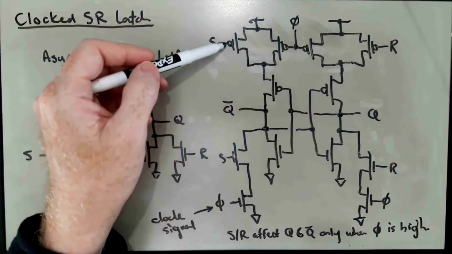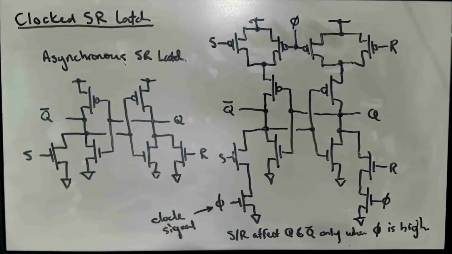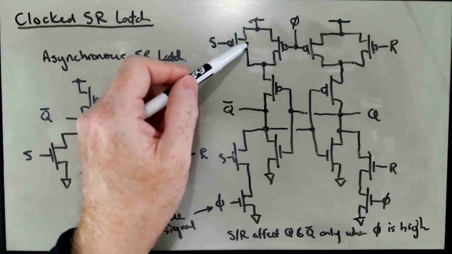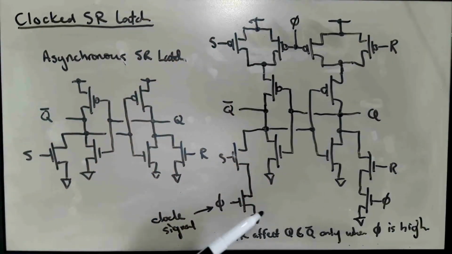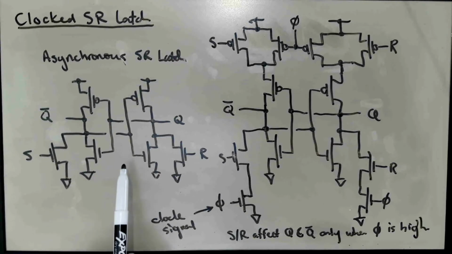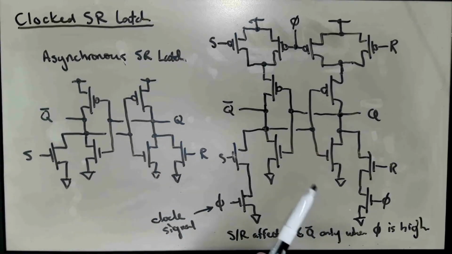One is gated by S and one is gated by phi. So by adding these two extra transistors to each half of this circuit, we can eliminate the writability problem altogether, in the same way that we talked about last time for the asynchronous SR latch that's analogous to this one, at the cost of a couple of extra transistors. So this circuit is a clocked SR latch that is completely without any writability problem.